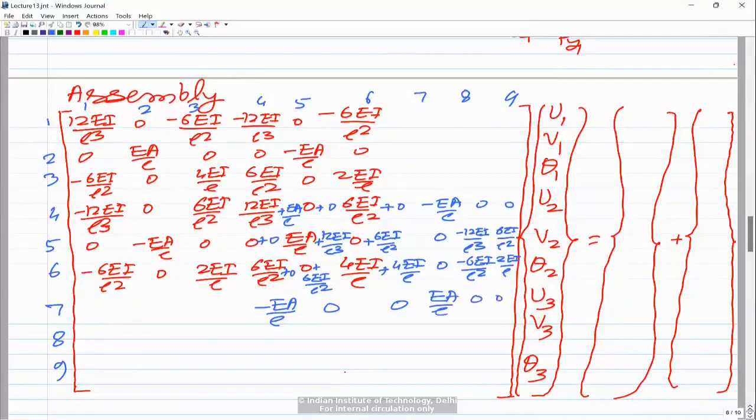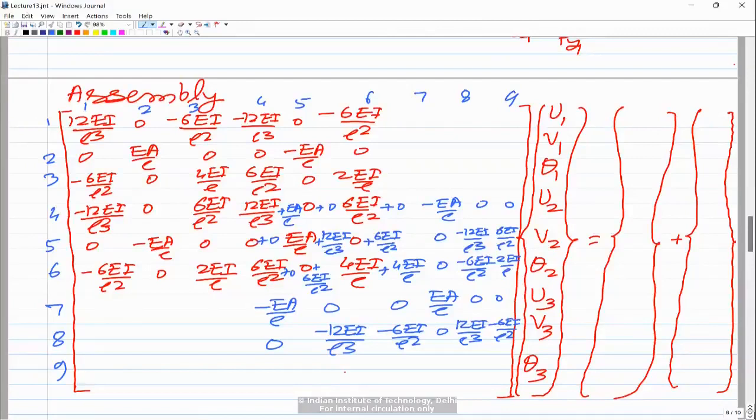Then the eighth row of the global will be the fifth row of the local second element, so it would be 0, minus 12EI by L cube, minus 6EI by L square, 0, and then 12EI by L cube and minus 6EI by L square.